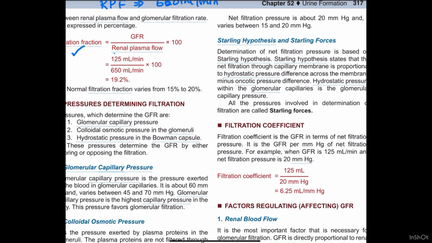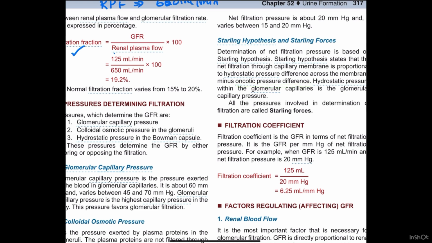And now we go with the Starling hypothesis or Starling forces. The determination of net filtration pressure is based on the Starling hypothesis. This is a scientist's name. His hypothesis is there. Hypothesis in the sense where there is no proof of that; imagining and telling. Okay. The Starling hypothesis states that net filtration through the capillary membrane is proportional to the hydrostatic pressure difference across the membrane minus the oncotic pressure difference.